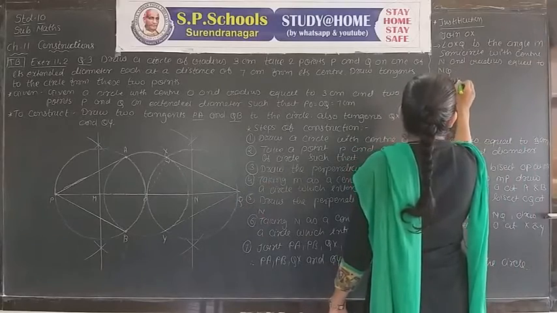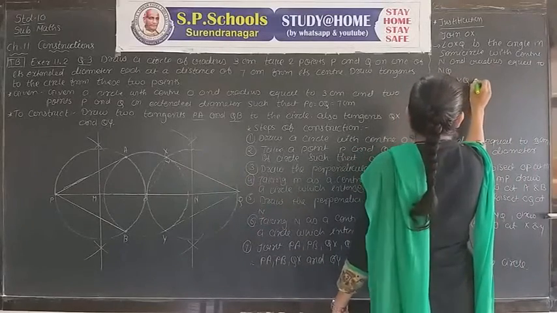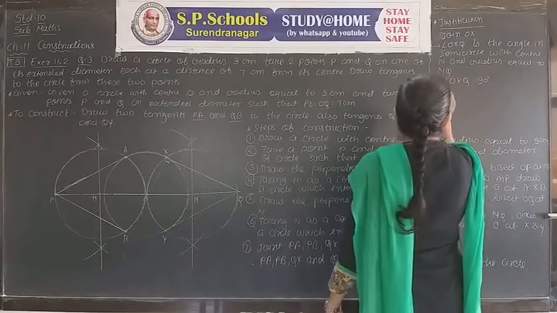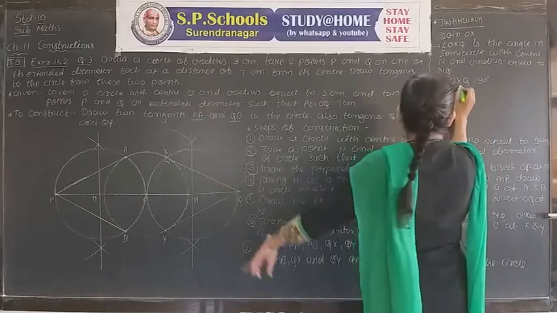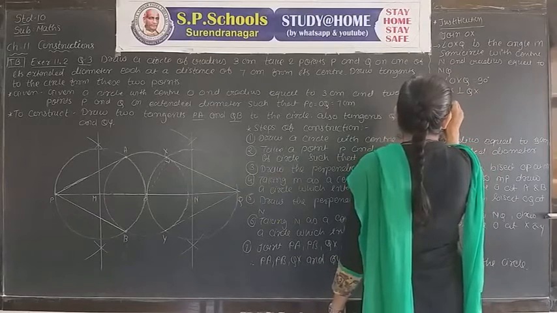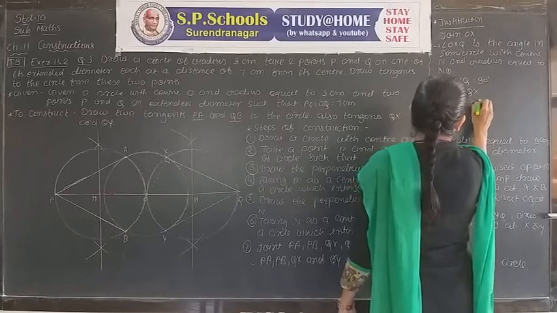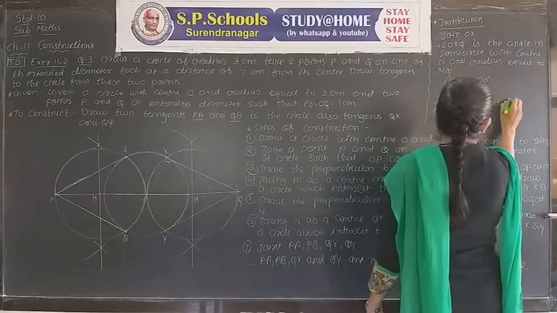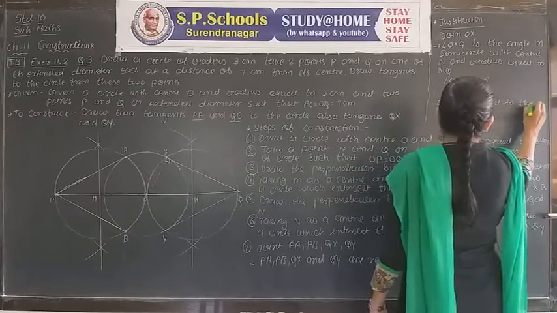Therefore, angle OXQ is equal to 90 degrees. Therefore, OX is perpendicular to QX. That's why QX is a tangent to the circle.